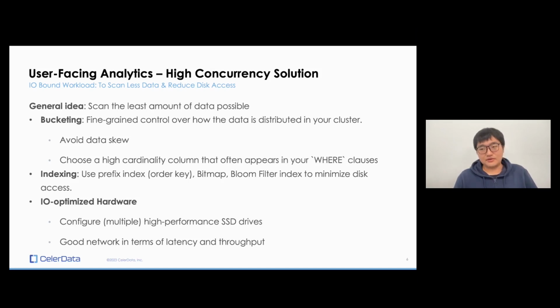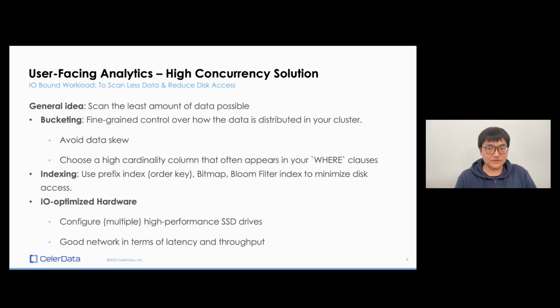We have customers that use a bitmap index on billions of rows and get tens of milliseconds of response time for a single query. And all of these indexes are cached in memory, so if you use them, you need a moderate amount of memory.